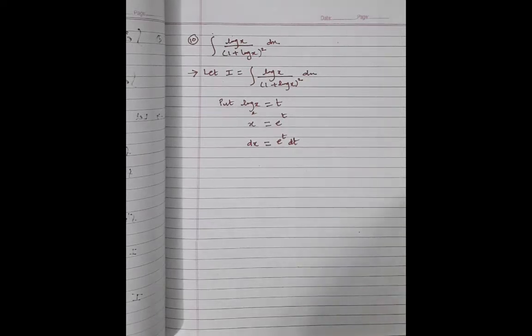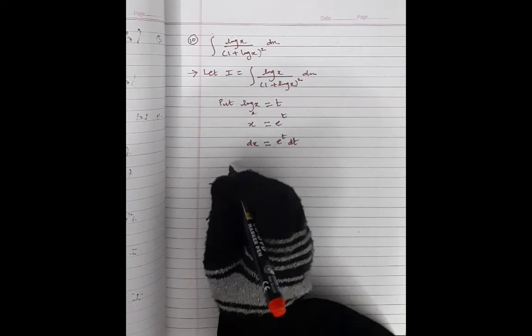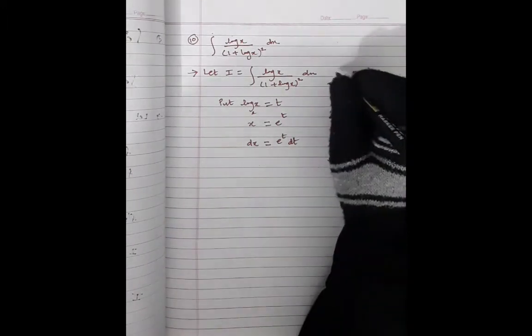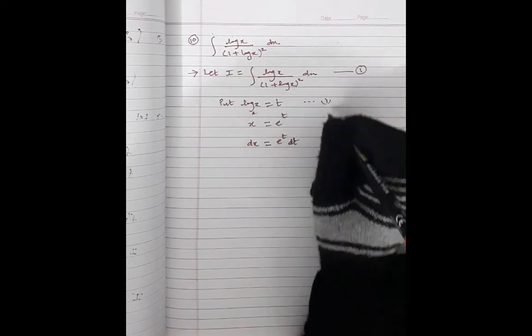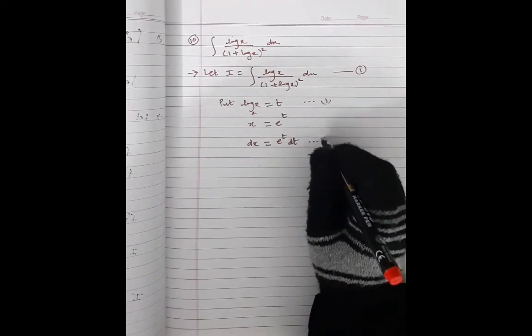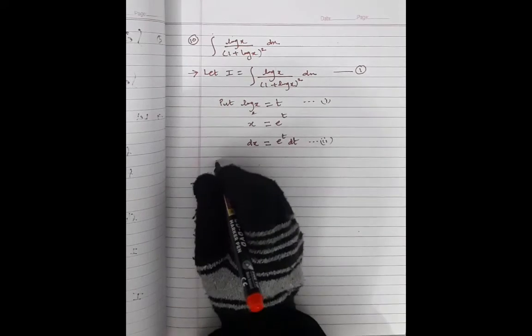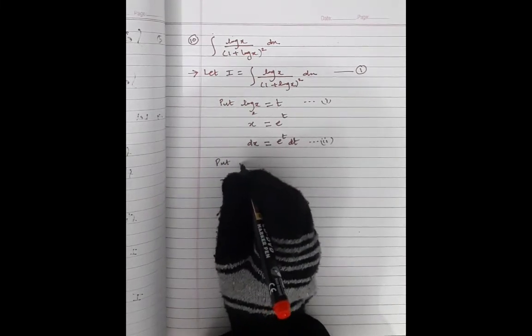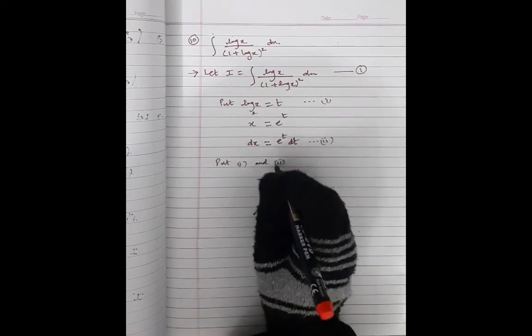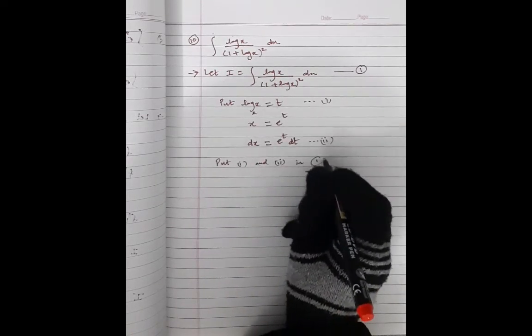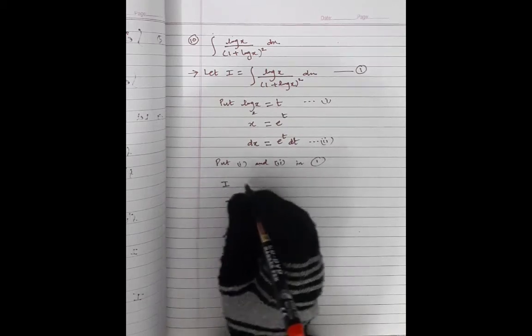Now after that, substitute in the integration. So what is our integration? Mark this integration as 1, and these will be first and second. Put first and second in 1. What is our integration?